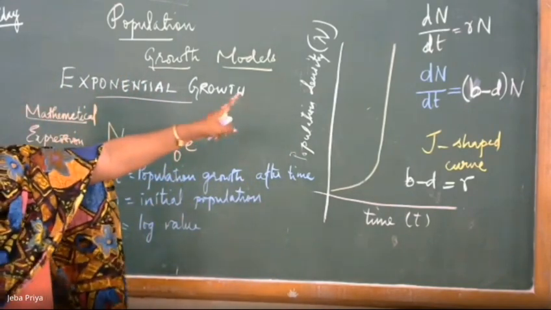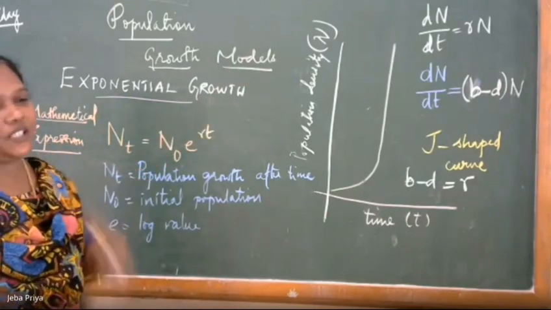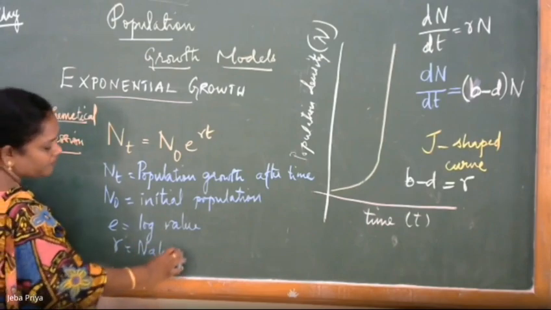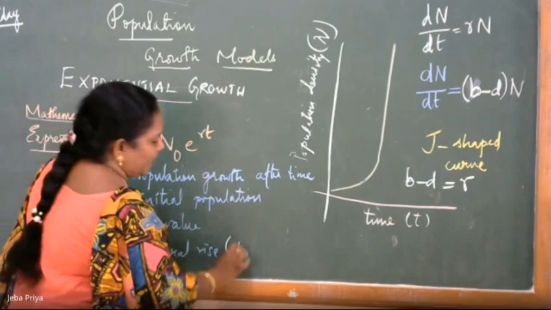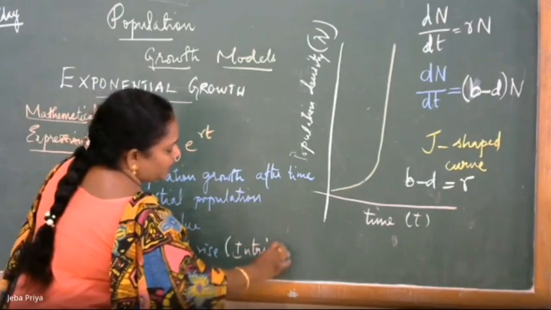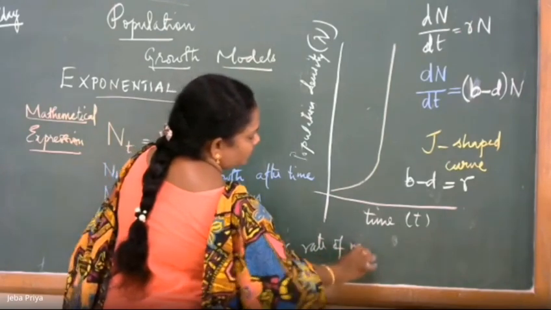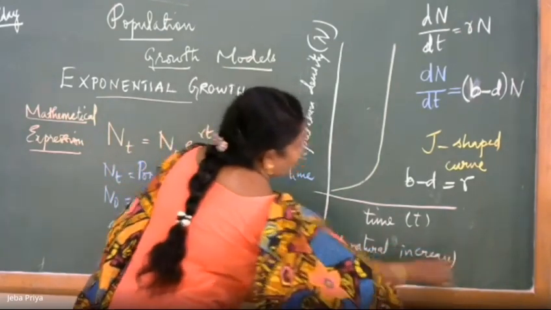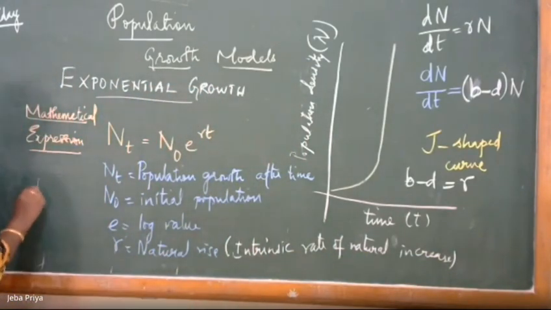Just now I told you b minus d is equal to r. r is the intrinsic rate of natural increase, or natural rise in population, as it should be given in your textbook. So b minus d gives the increase in the rate r. And what is t? t is the time period.